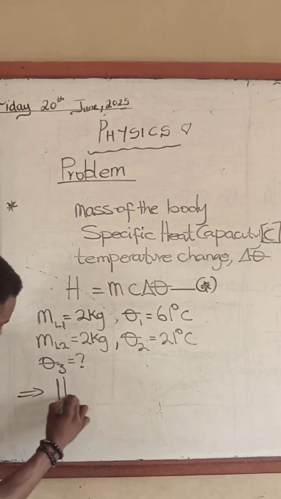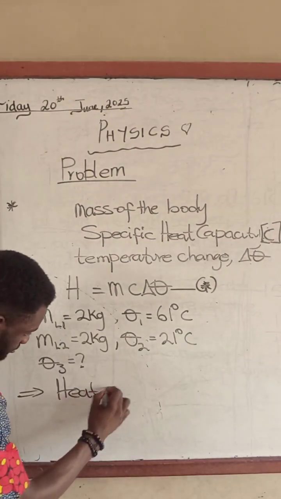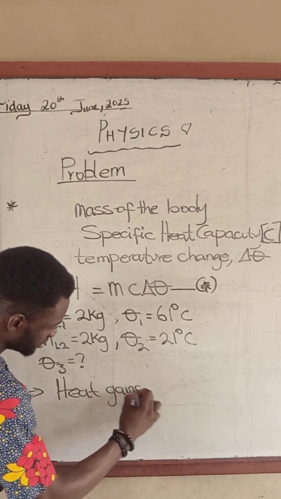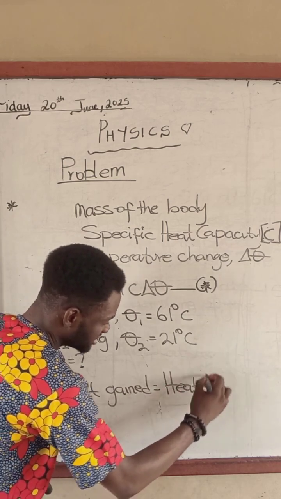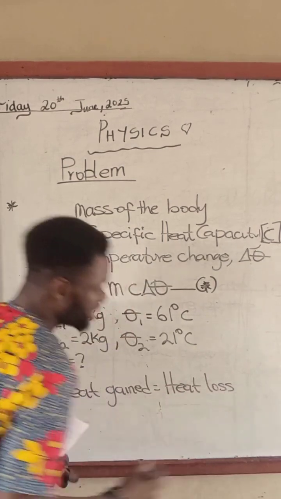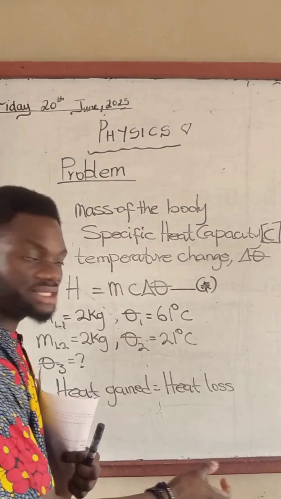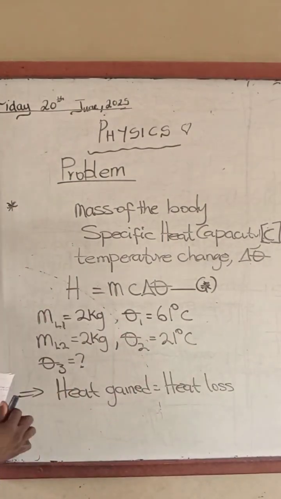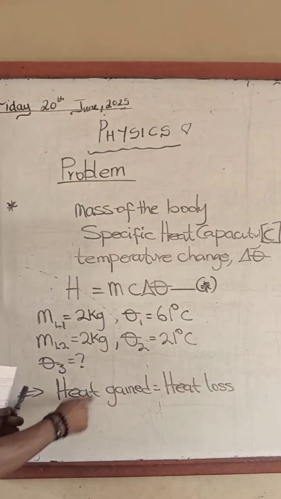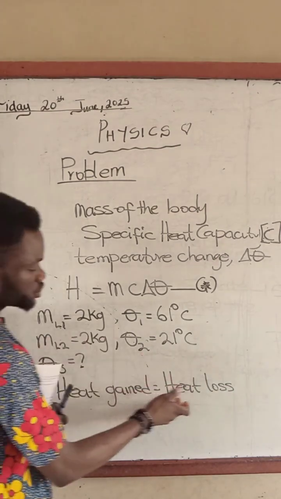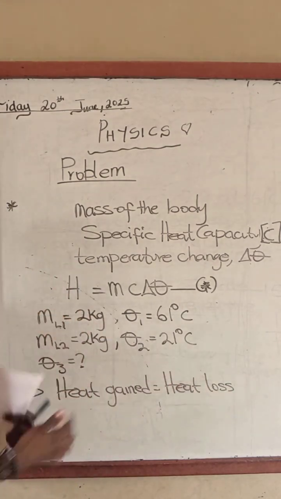Heat gain is always equal to heat loss, because energy is always conserved. When one body loses heat and the other body gains that heat, that is exactly what happens here. Heat gain by the second liquid is equal to the heat that was lost by the first liquid.